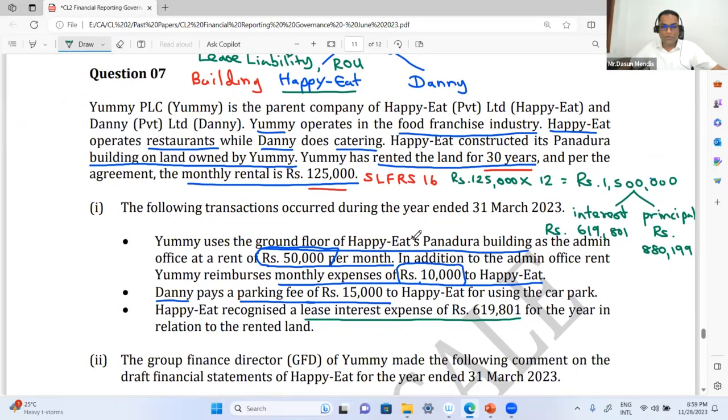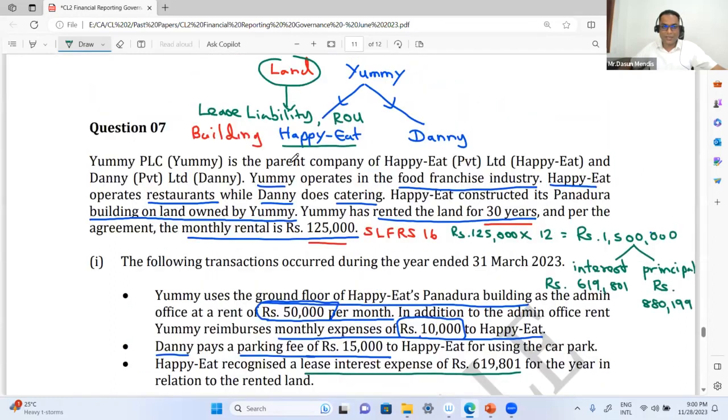Yummy uses the ground floor of Happy Eat, and per month 50,000 is paid. In addition to that, for the other expenditure, the subsidiary is getting a reimbursement of 10,000 from the parent company, which means 10,000 into 12, how much? 120,000.